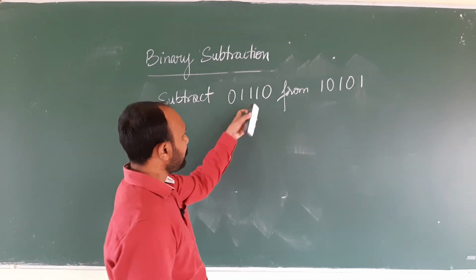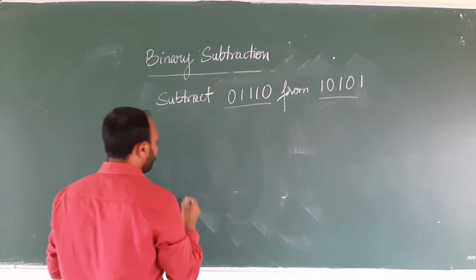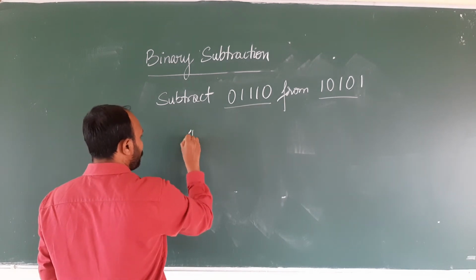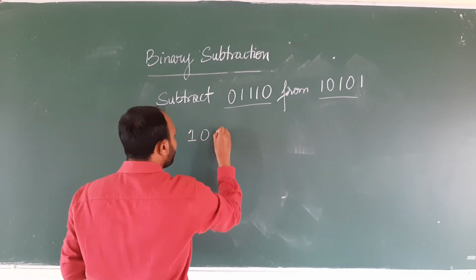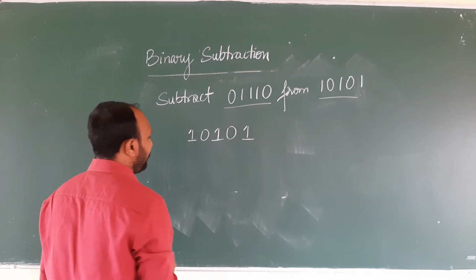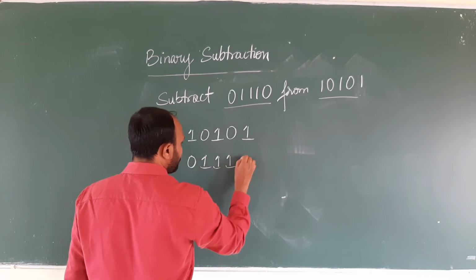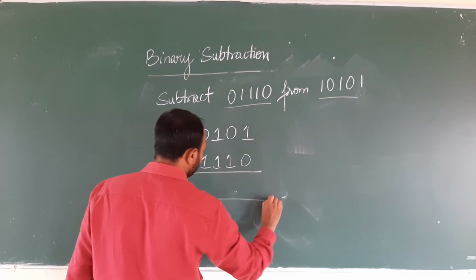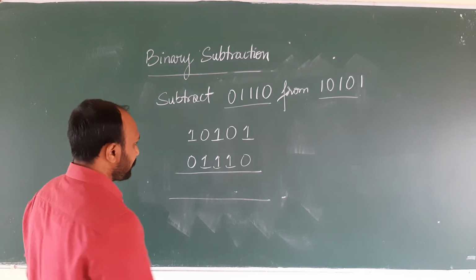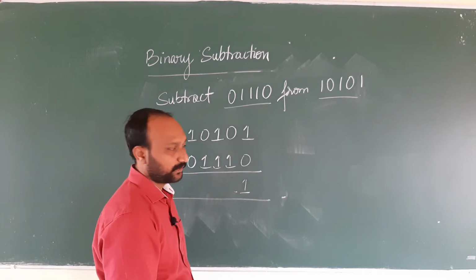We are trying to subtract this sequence of bits from these bits. The minuend here is 1, 0, 1, 0, 1. Subtract 0, 1, 1, 0. Okay. 1 minus 0 is 1, no doubt about this.